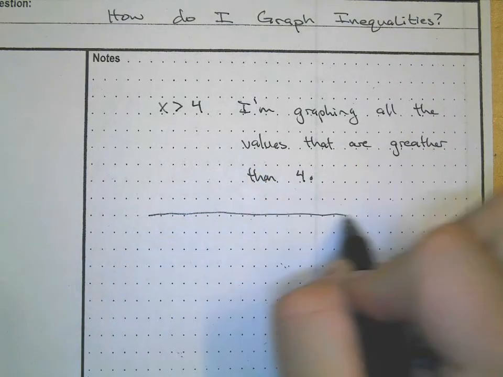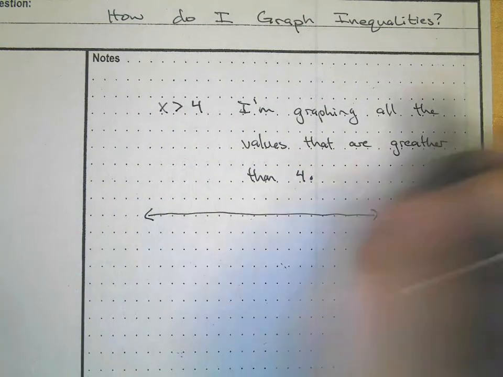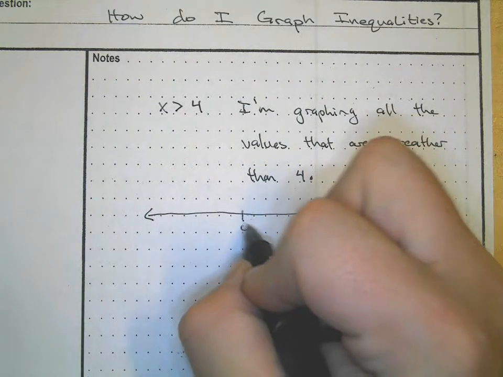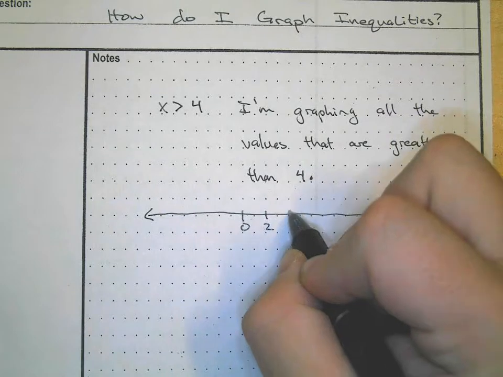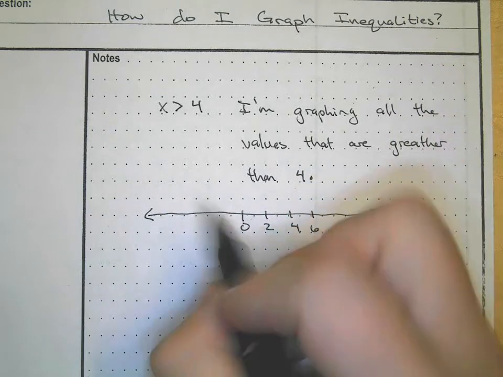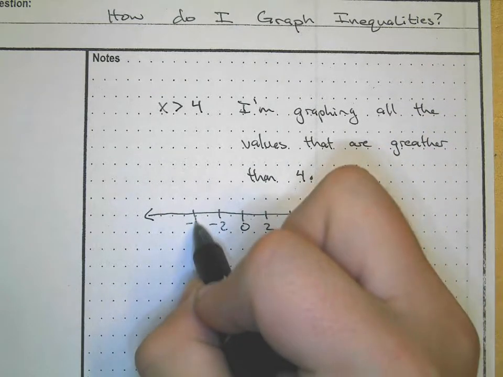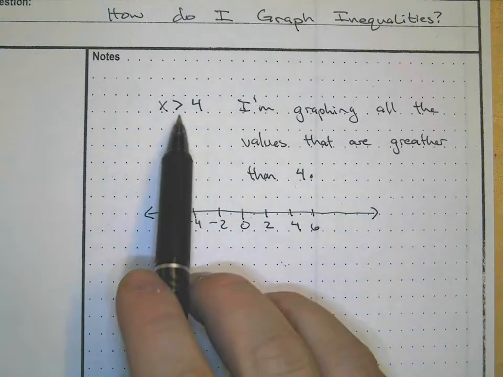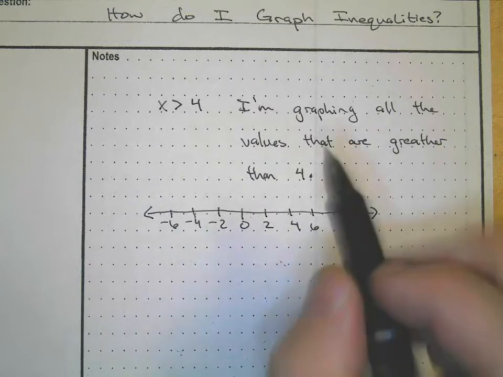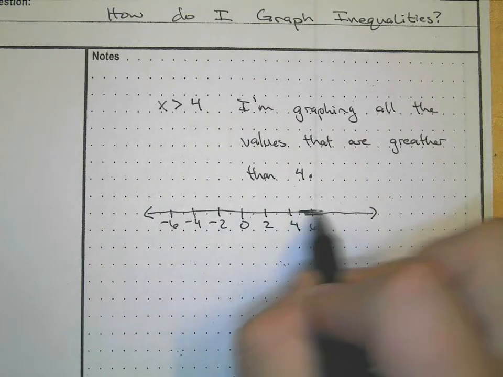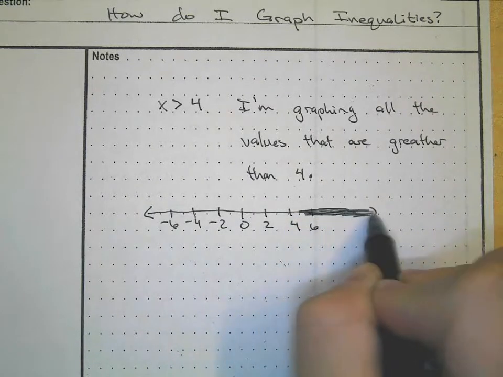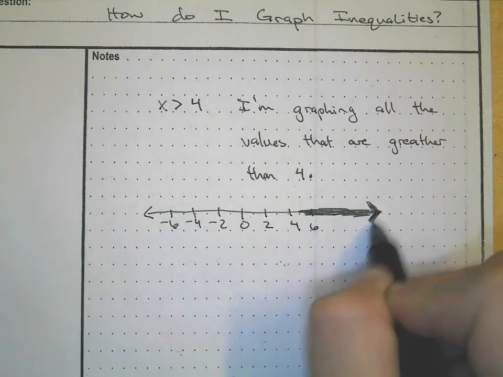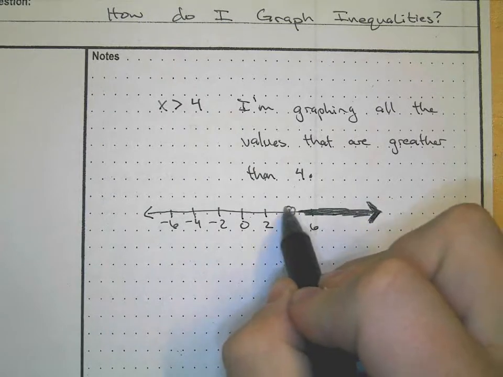So if I have a number line, let me count by twos. I want to graph all the values that are greater than 4. So that means I want to graph all the values to this side. But to represent that I'm really close to 4, I use an open circle.